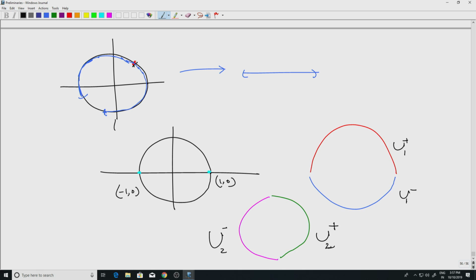So altogether I have decomposed S1 as a union of 4 arcs, U1 plus, union, U1 minus, union, U2 plus, union, U2 minus.